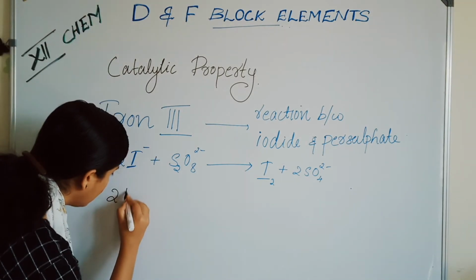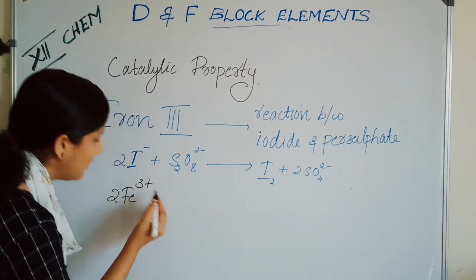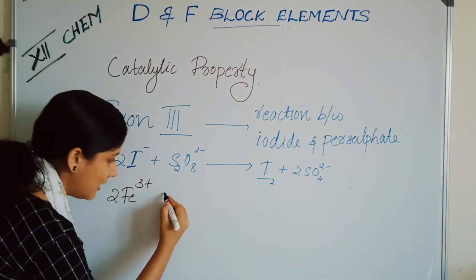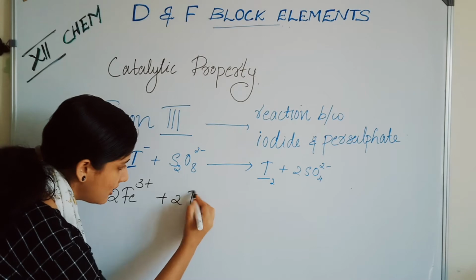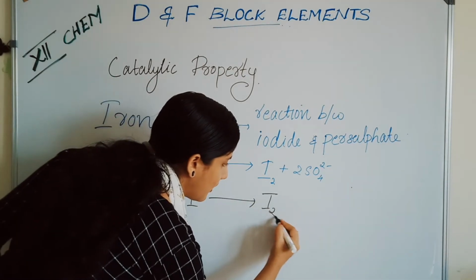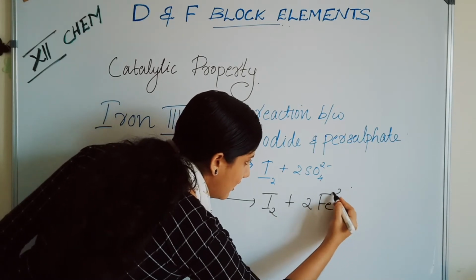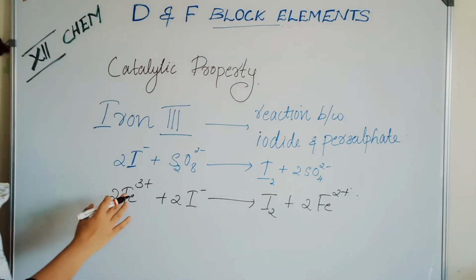The catalyst is 2Fe3 plus. It will first react with the I minus: 2Fe3 plus plus 2I minus gives I2 plus 2Fe2 plus. That is 3 plus to 2 plus.